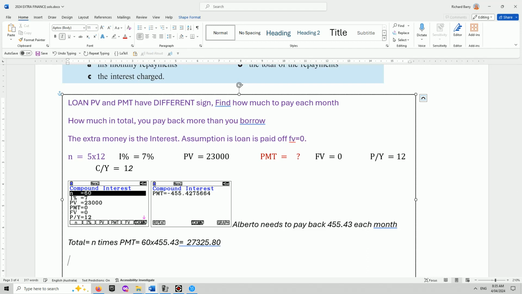Okay, the interest paid for the loan equals the total paid, subtract the amount borrowed.